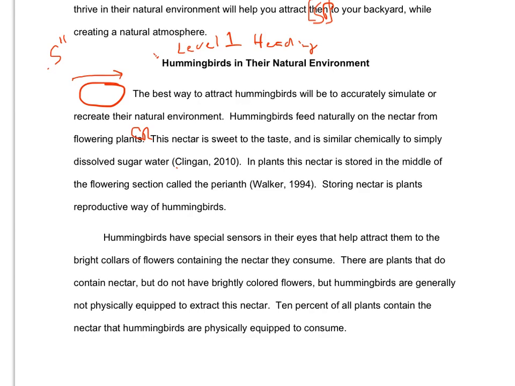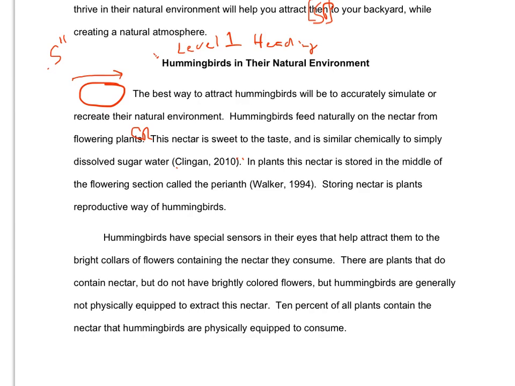And this sentence up here is just simply talking about how hummingbirds feed. Because they're really two different subjects, an additional citation there is good for clarification purposes. Even if it's the same citation, it can still be Klingon 2010, and get away. That's fine. So just bear in mind, sometimes you may need citations to prove your work.